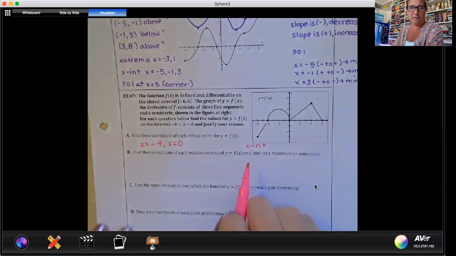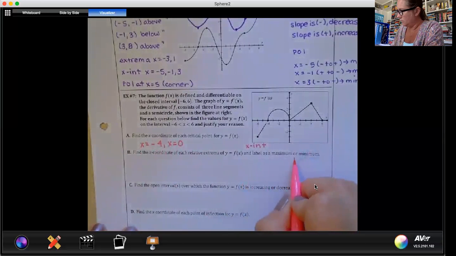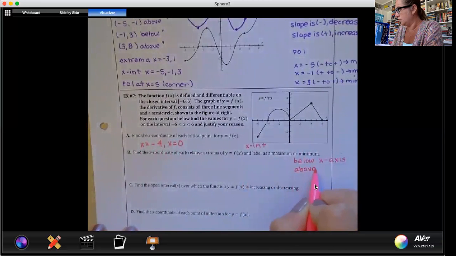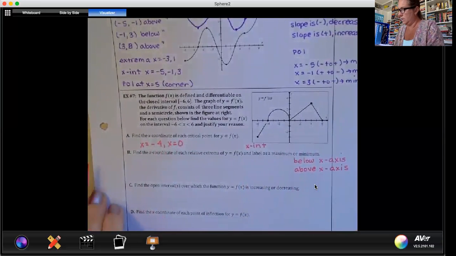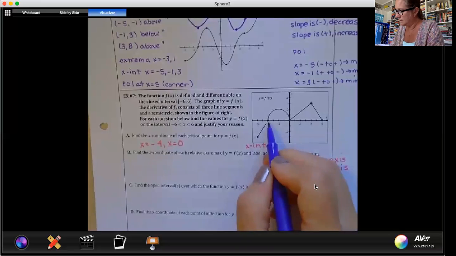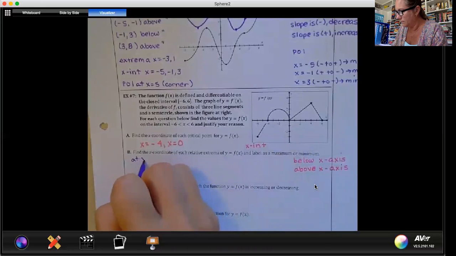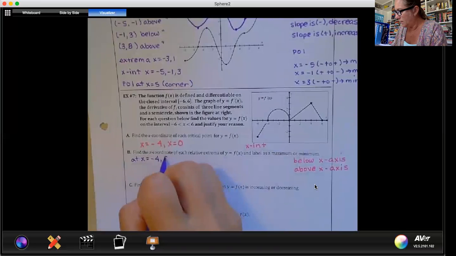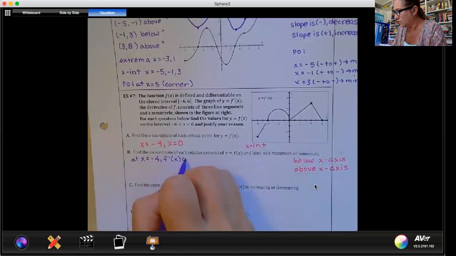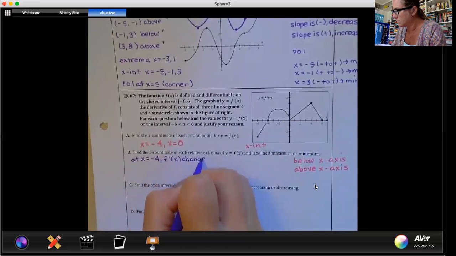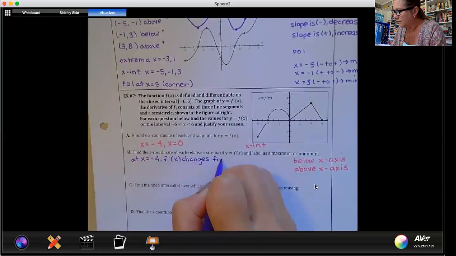Find the x-coordinate of each relative extrema and label it as a maximum or a minimum. So you're looking for below the x-axis and then above the x-axis. You're looking for those changes. So at x equals -4, f prime of x changes from negative to positive.